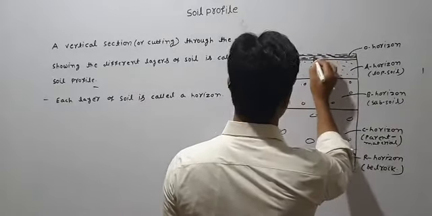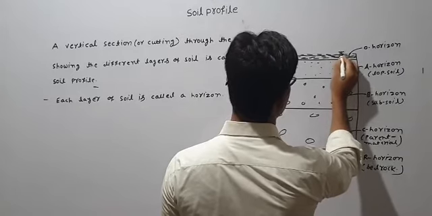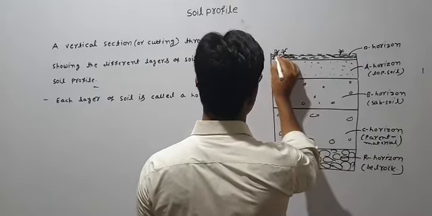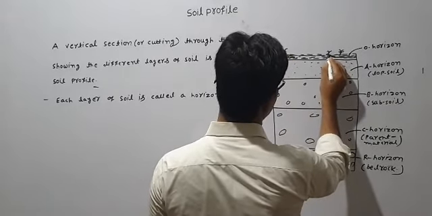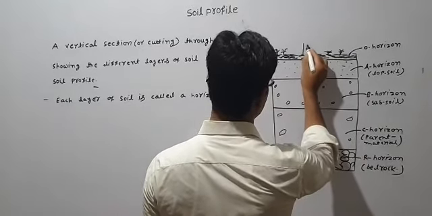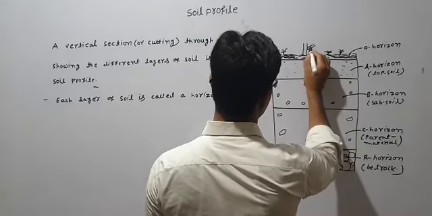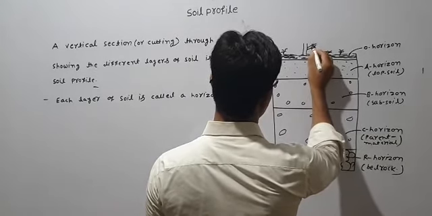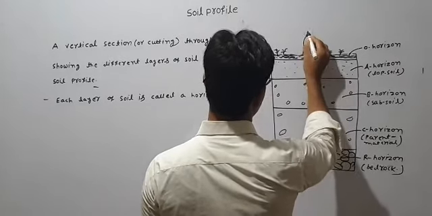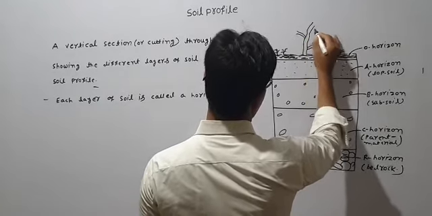And plants actually grow in this region. You see, this region is very important here. Different plants, small ones first I'll draw like this. And large plants, large sized plants, I'll draw one large one here like this.